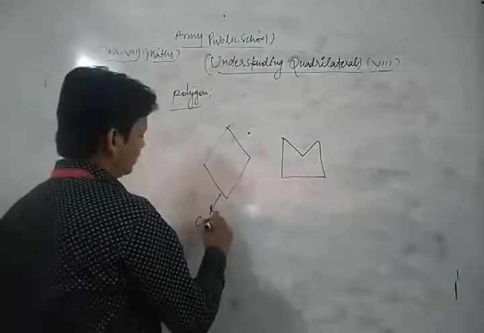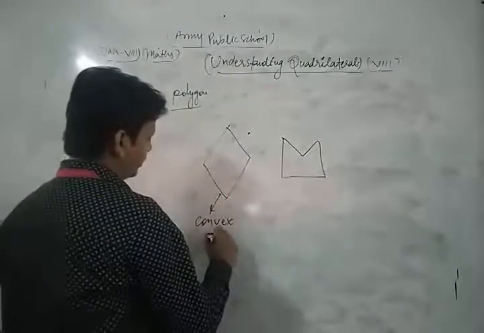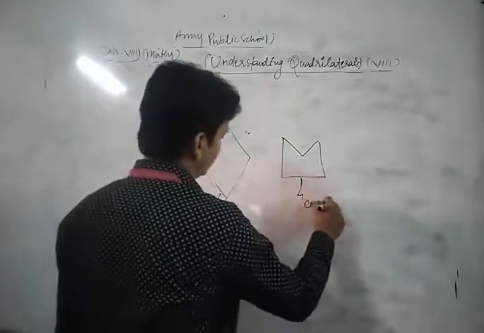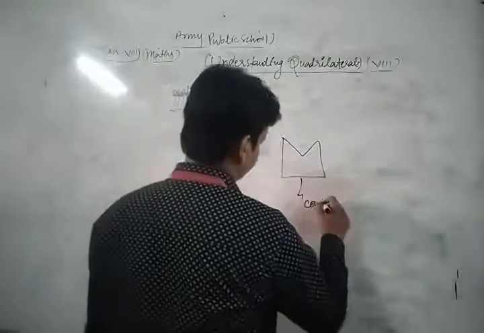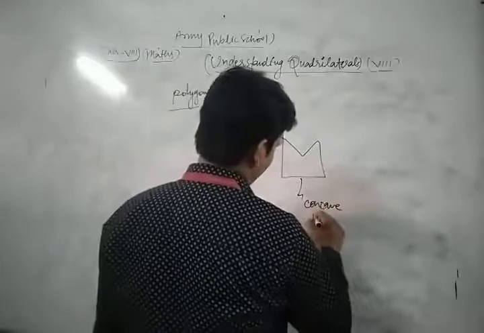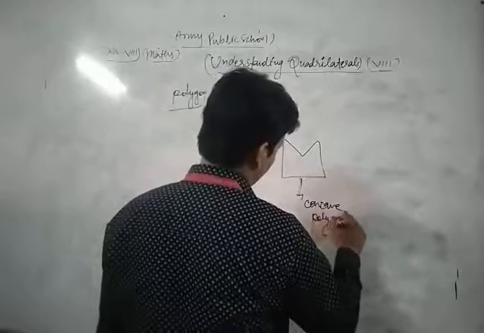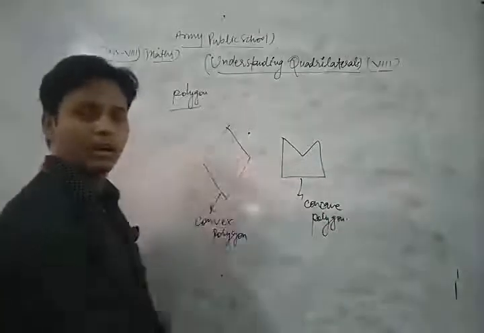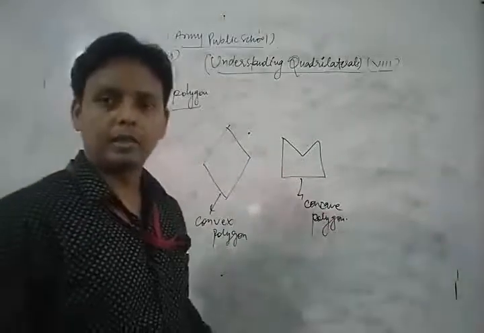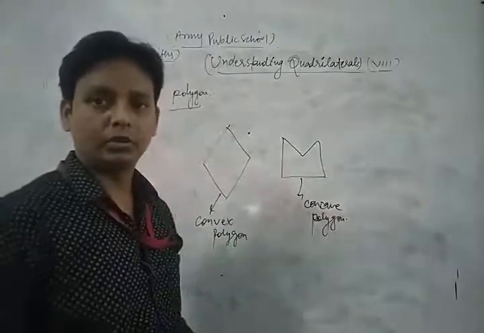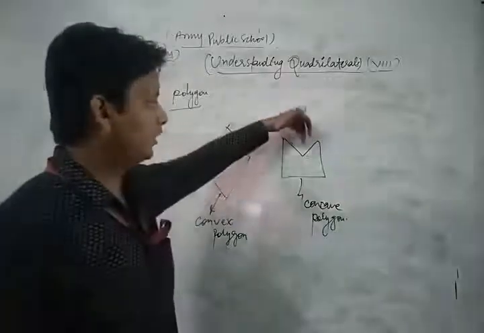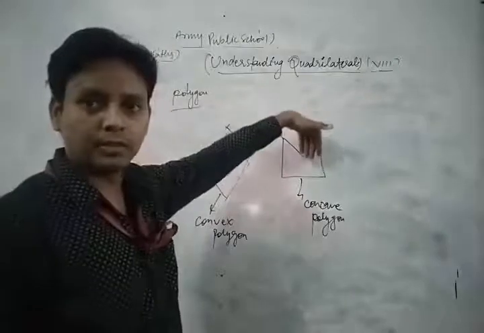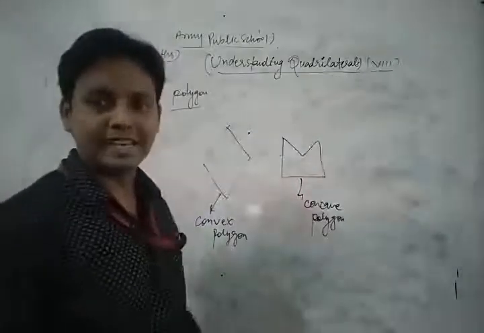This is a convex polygon, dear students, and this is a concave polygon. In a convex polygon, all its portions move towards the outer side, and this one is concave because one portion is towards the inner side.